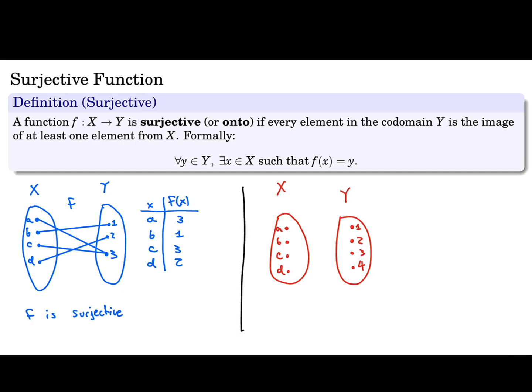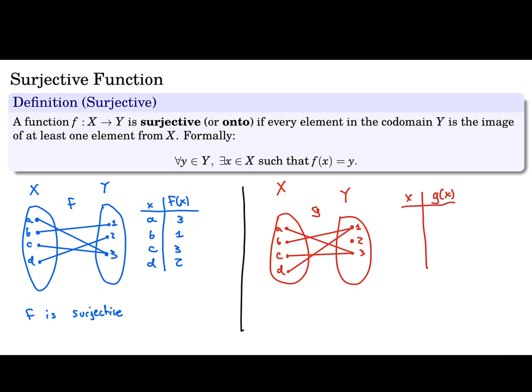Let's say that a maps to 3, b maps to 1, c maps to 3, but d maps to 1. And so in table form here, let's call this function g.